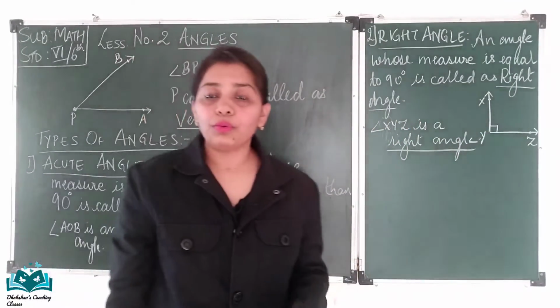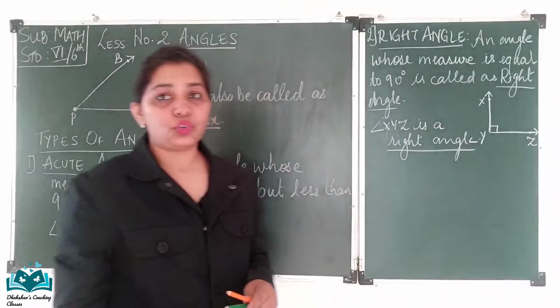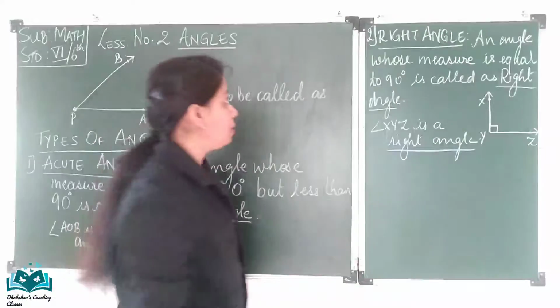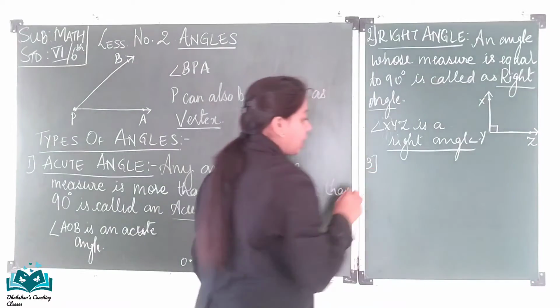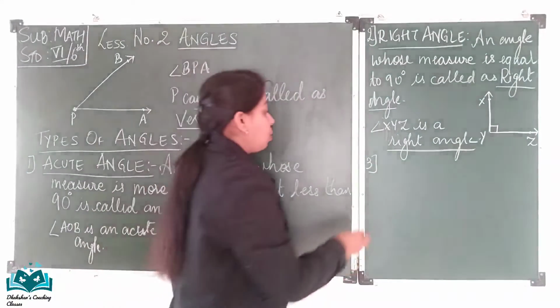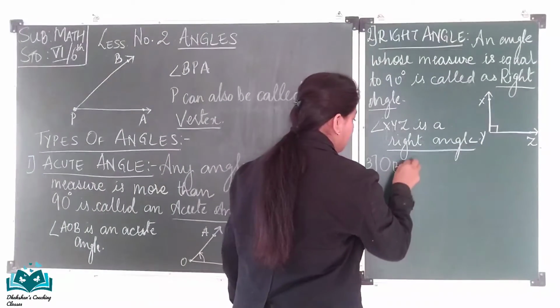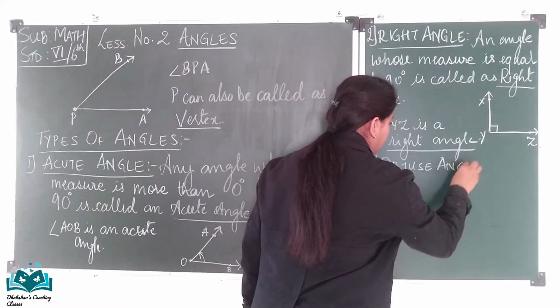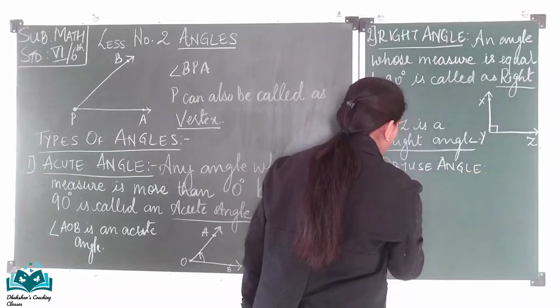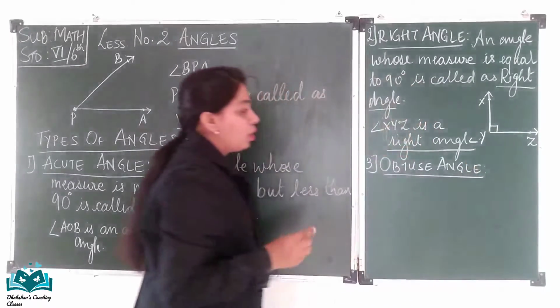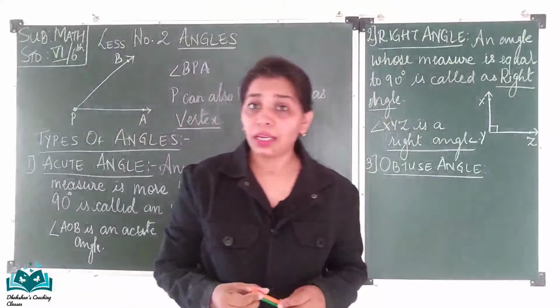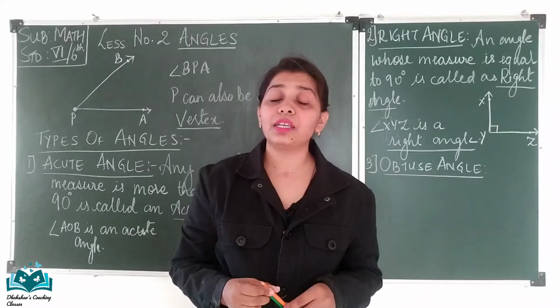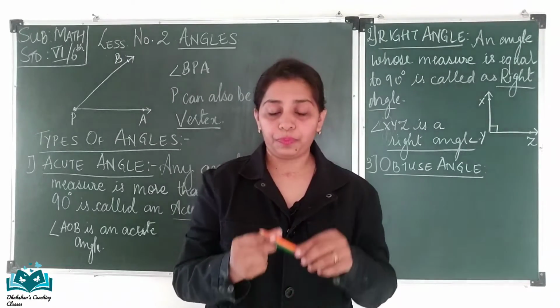Okay. Now moving on to the next type, that is your obtuse angle. The third type of angle, obtuse angle. Obtuse angle is that angle whose measurement is more than 90.